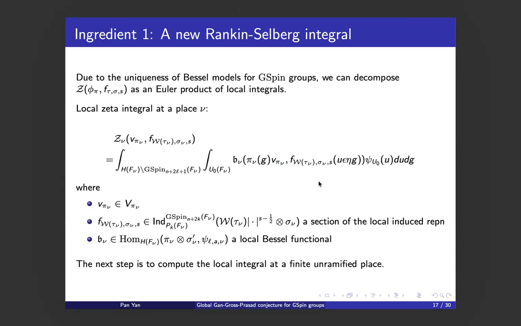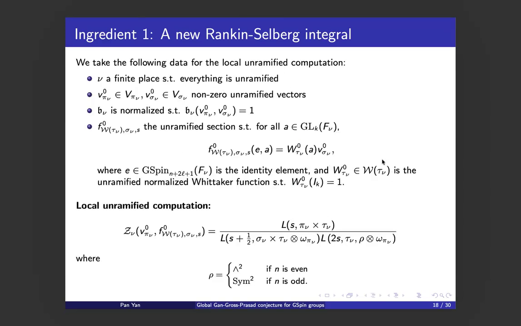The next step is to compute the local integral at a finite unramified place. So we take the following data for the local unramified computation. We take nu to be a finite place such that everything is unramified, and we take unramified vectors in the space of pi nu and sigma nu. We normalize the local Bessel functionals such that when we plug in the unramified vectors, we get 1.